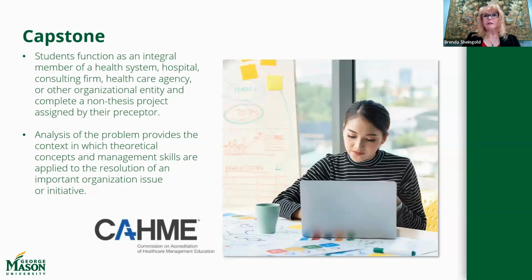I'll just give one example of a capstone project that was just recent. We had a student working at the High Reliability Center with Inova Fairfax, where we live in Northern Virginia.